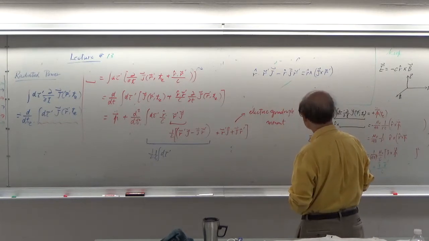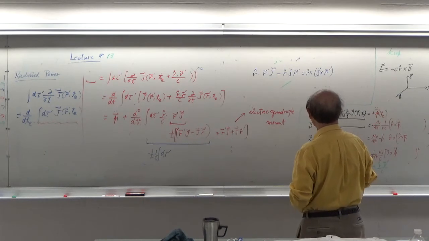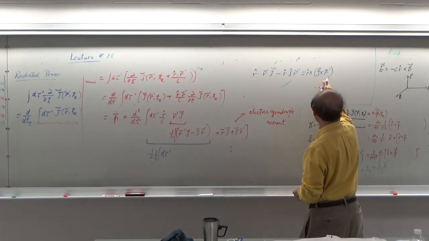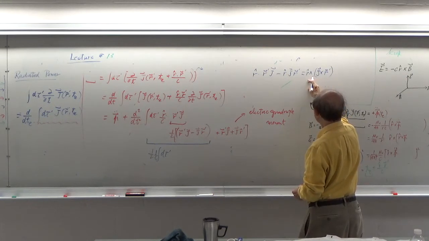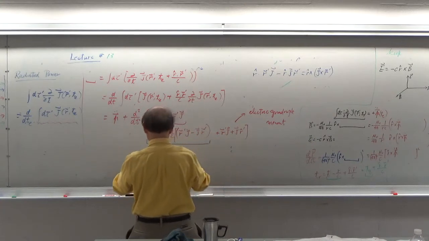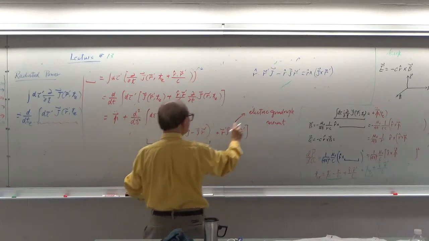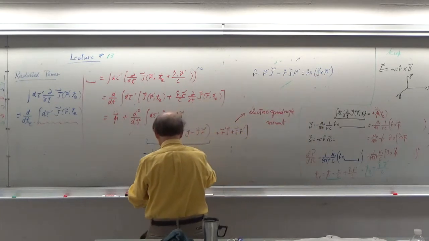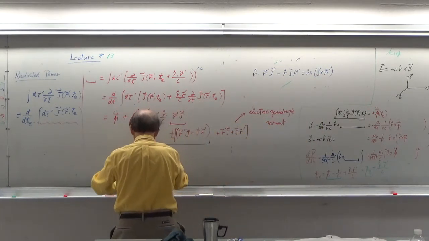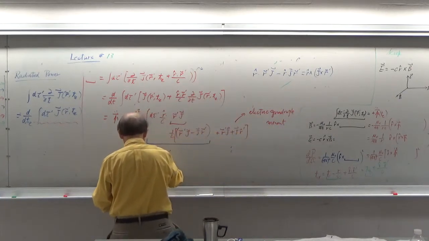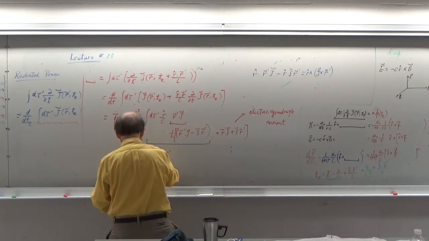And so let me put this to the other side. So that I have a minus sign, and I have this R hat cross.